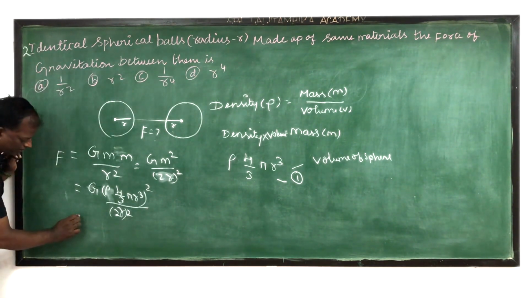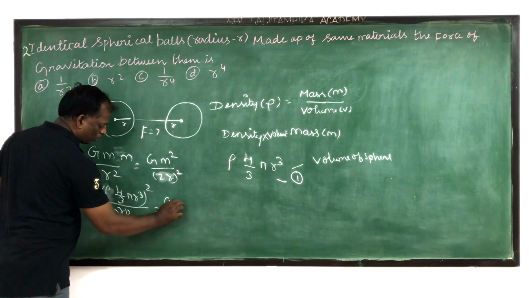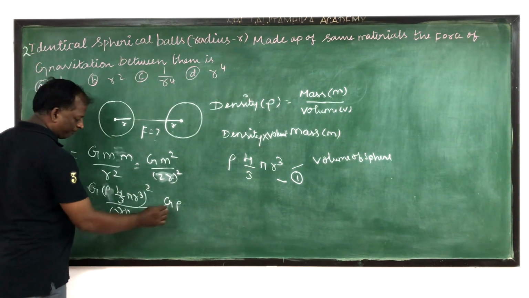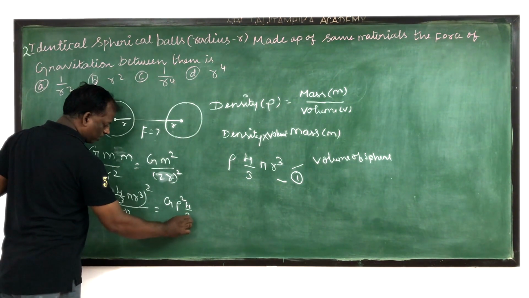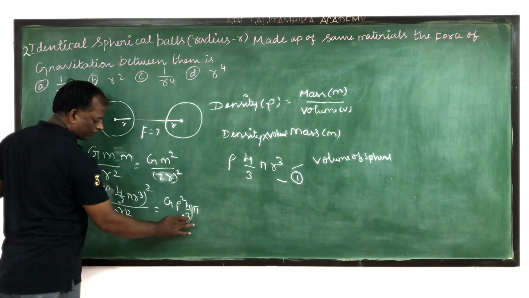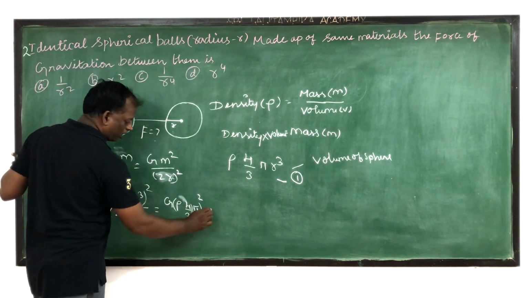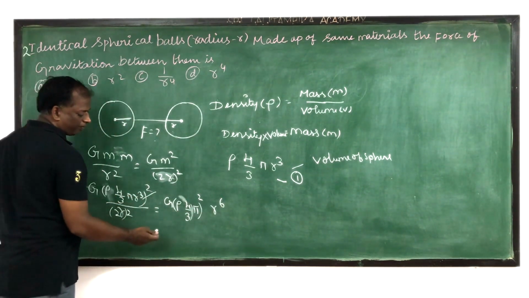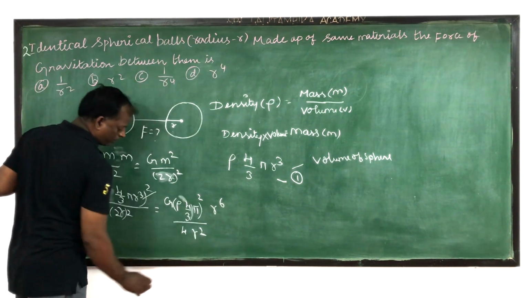We can write it as G, rho, pi, r, and take everything common. So rho square, 4 by 3 pi square, pi square r power 6, because we need to multiply the powers, divided by 4r square.